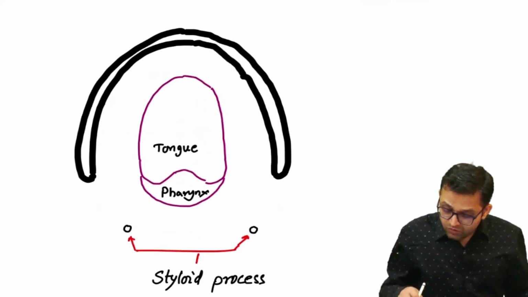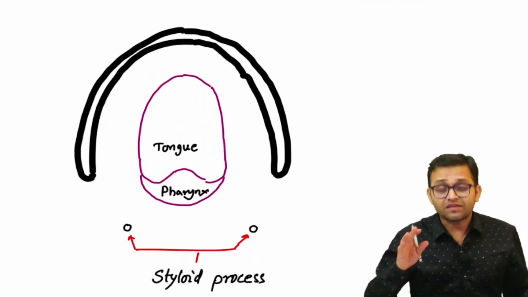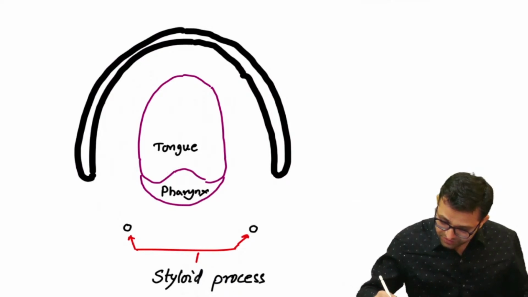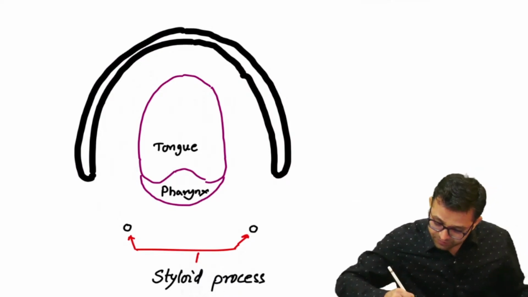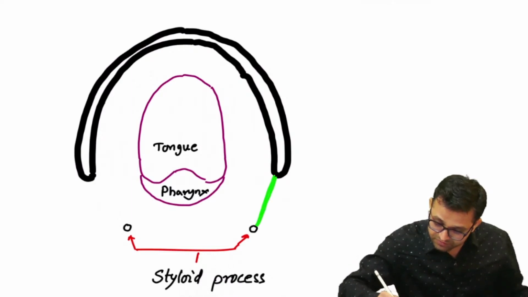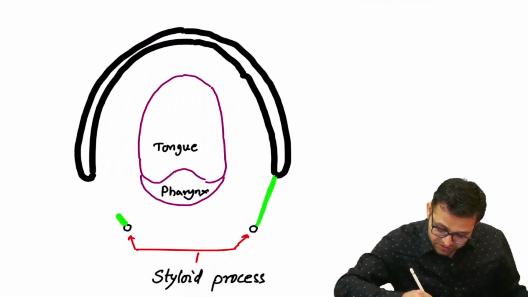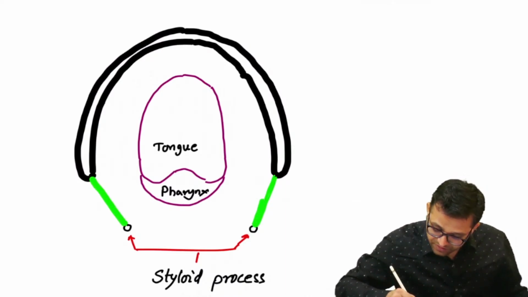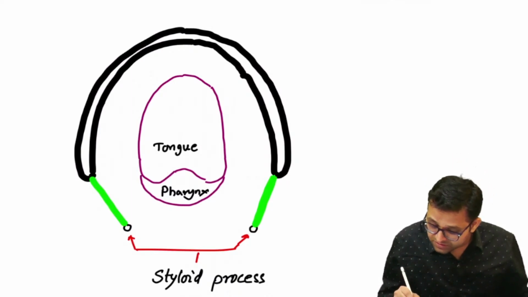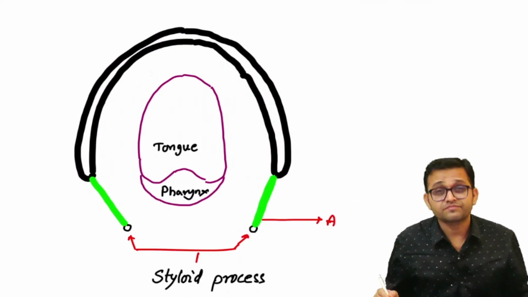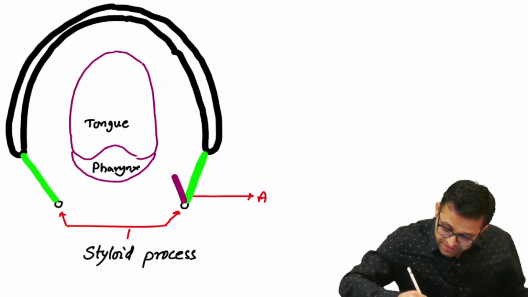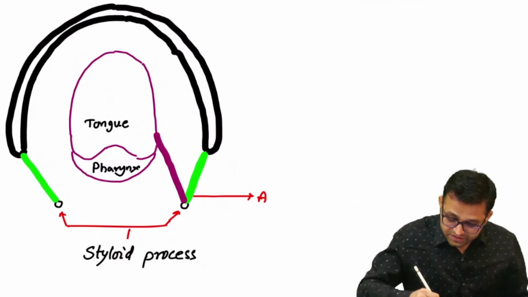Now catch. There is a ligament which is attached between the styloid process and the mandible. Can you tell me the name of this ligament? You have to say about this A. Now I am going to draw one muscle which is taking origin from the styloid process and attached to the tongue on each side of the tongue.